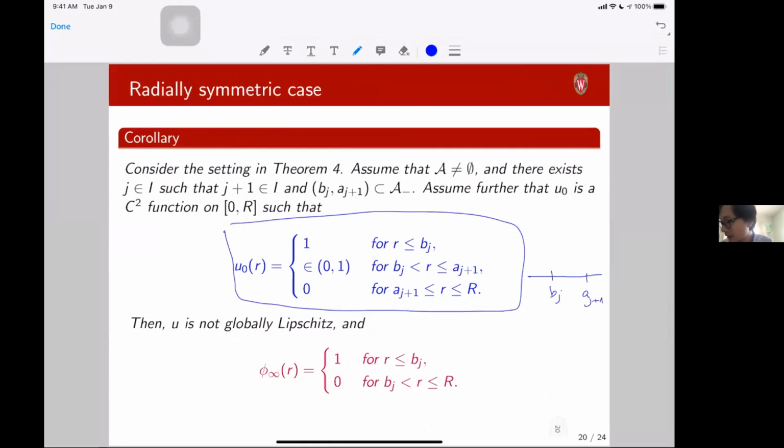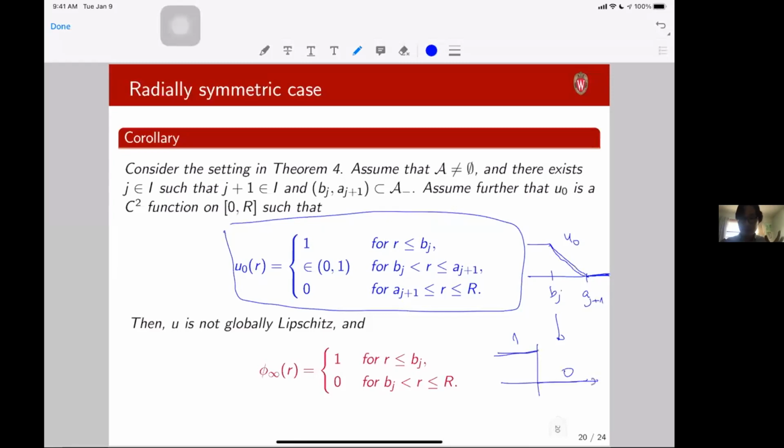If we consider the initial data to be 1 here, less than 1 from 0 to 1, and 0 here, so this is u naught, then in the limit, interestingly, even though we start with everything nice, and there's nothing fattening here from bj to aj plus 1, what we can prove is that the solution is going to converge to something discontinuous. So it's going to converge to 1 here and 0 here.